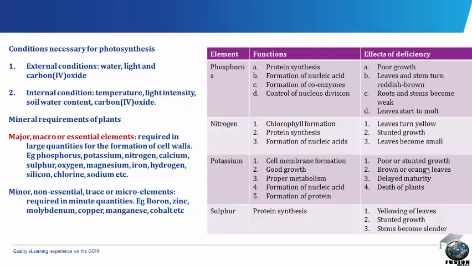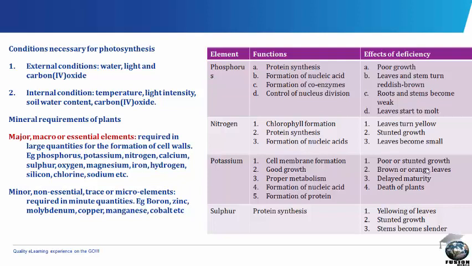Examples of these include phosphorus, potassium, nitrogen, calcium, sulfur, oxygen, magnesium, iron, hydrogen, silicon, chlorine, sodium, etc. The minor or microelements are required in minute quantities. Examples are boron, zinc, molybdenum, copper, manganese, cobalt, etc.